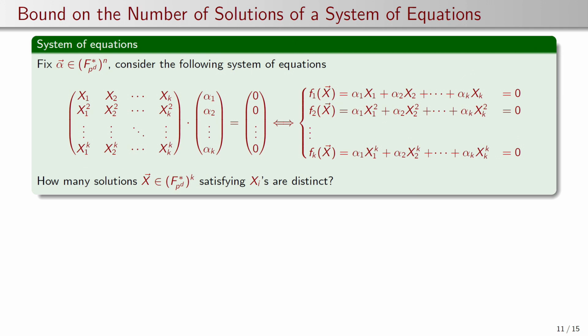There is a typo there. And we consider a system of equations. For intuition, think about k equal to 3 and vector alpha is the all-ones vector. We are interested in counting how many solutions x satisfy that also x1, x2, x3 are distinct.